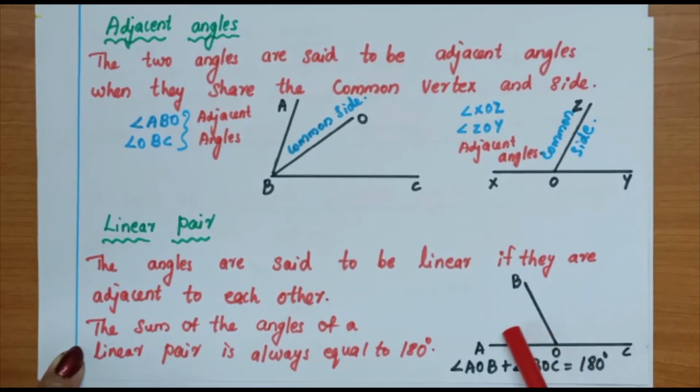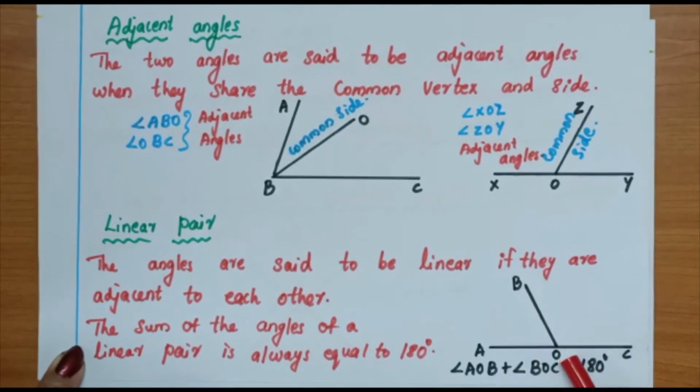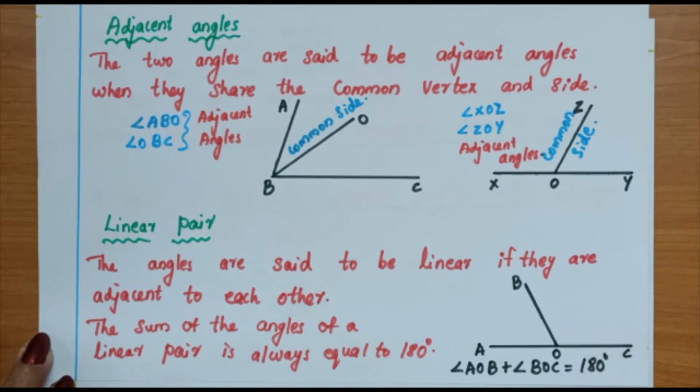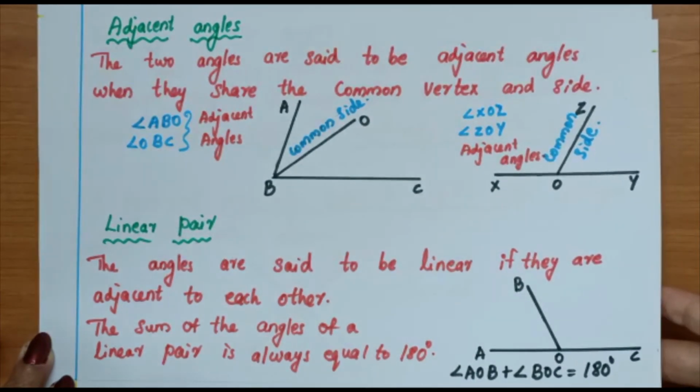These two are adjacent angles because they have a common vertex and a common side. When we add these two angles, if the answer is 180 degrees, they are called a linear pair. So the sum of the angles of a linear pair is always equal to 180 degrees.